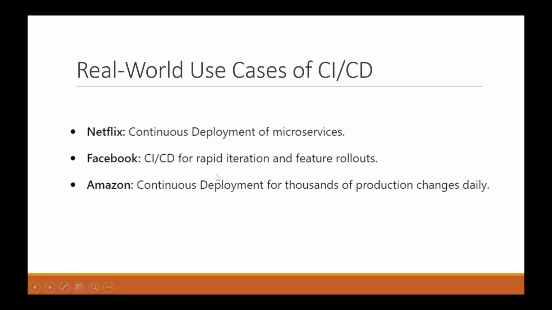Facebook is using CI/CD for rapid iteration and feature rollouts. Amazon is using it for continuous deployment for thousands of production changes daily. So most of the companies or organizations are now using DevOps to deploy their code and updates frequently for their application, for their end users.